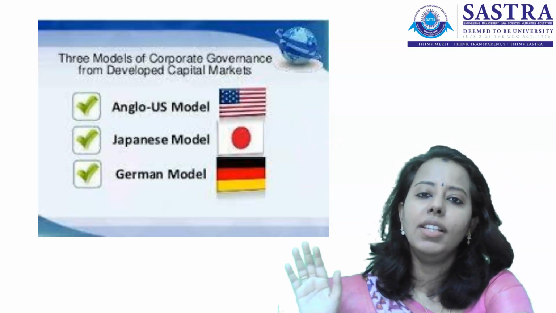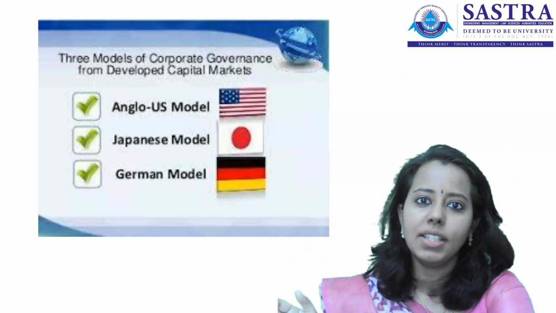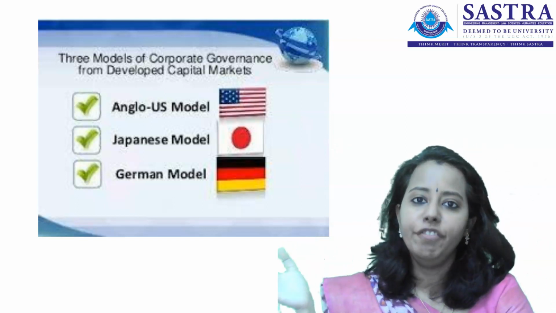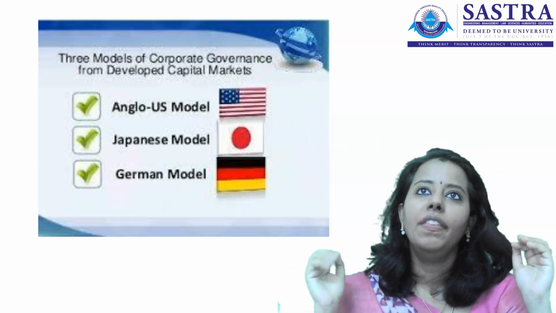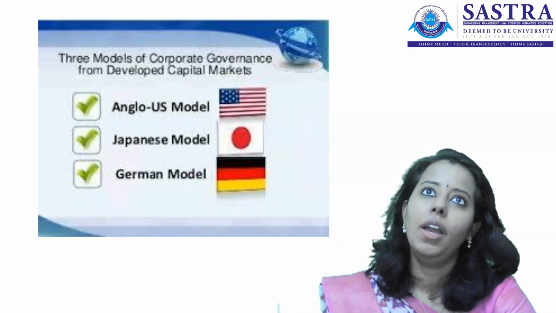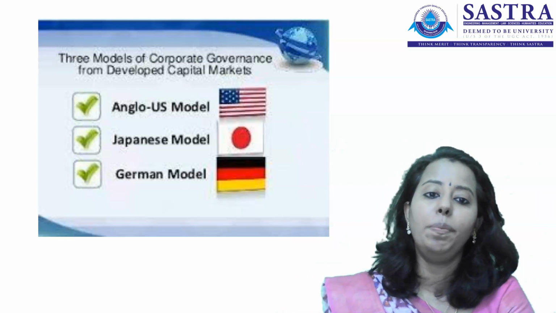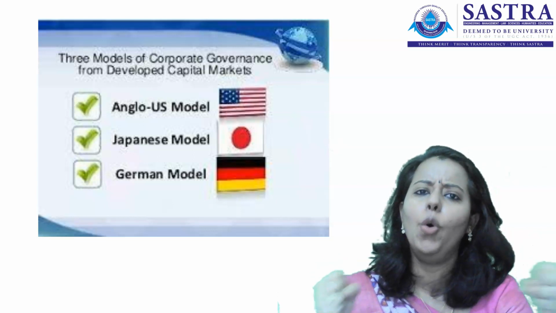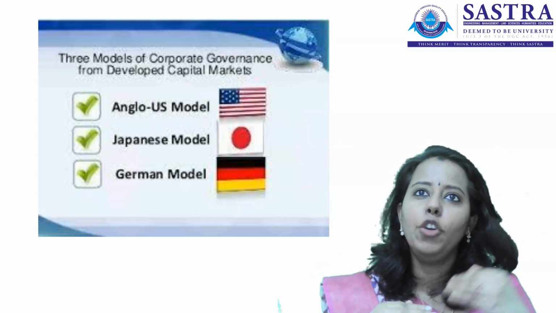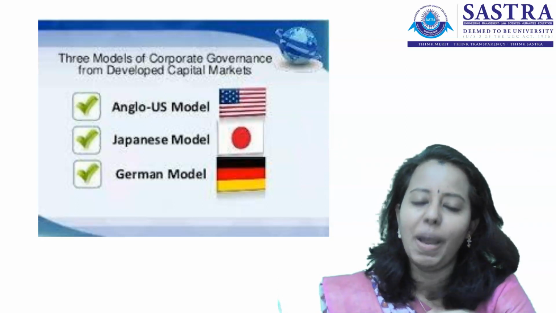So if you look at the success of the US market, countries like Germany and Japan have oriented their governance model closer to the Anglo-Saxon. In contrast, the Japanese model brings more and more in its center the importance of human capital and focuses on the banking system.